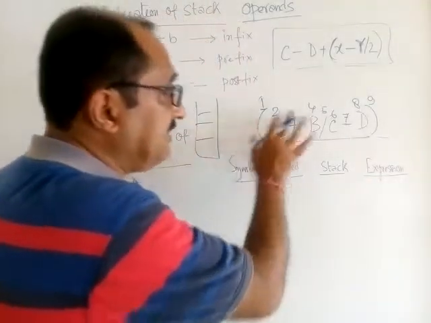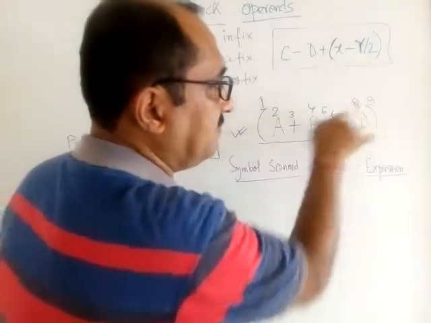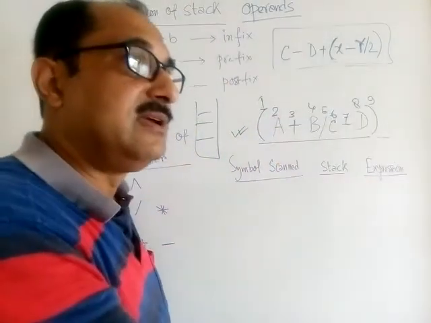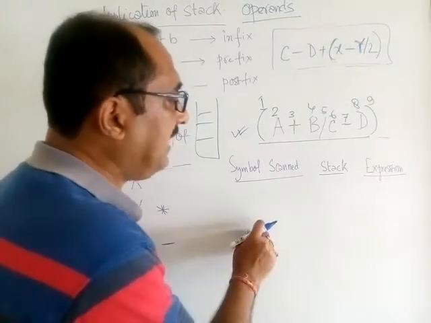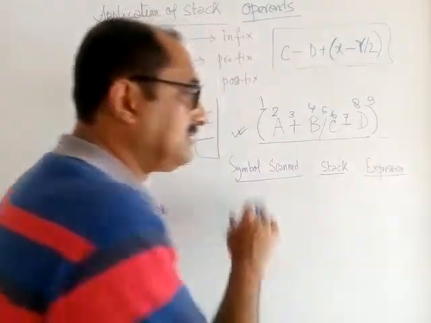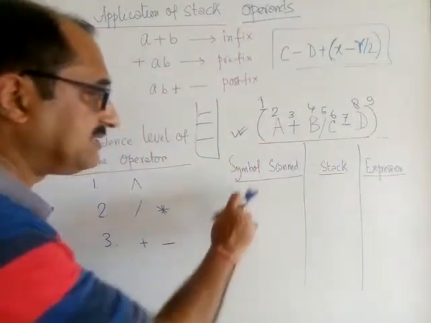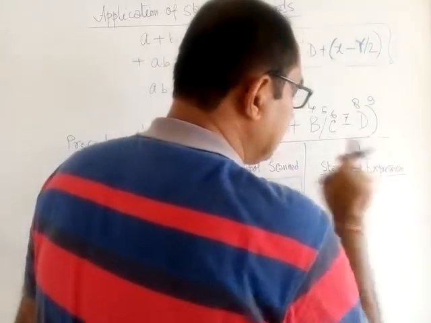Remember this. Whenever you get this kind of problem, normally in CBSE one expression will be given in infix, and you have to find out its equivalent postfix expression. So what you have to do at first is make 3 columns like this. One column is symbol scan, one is stack, another is expression.